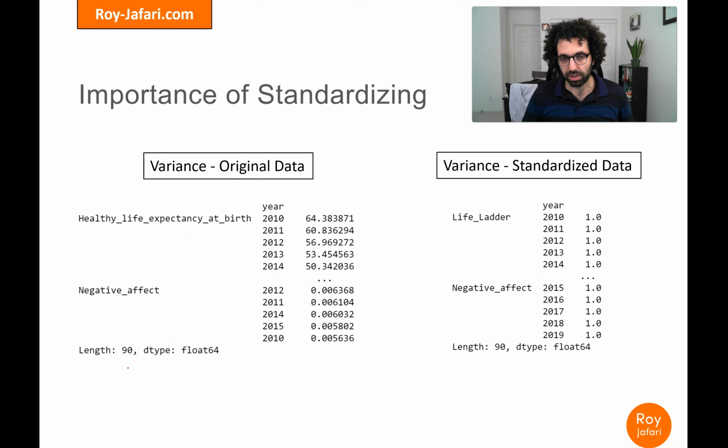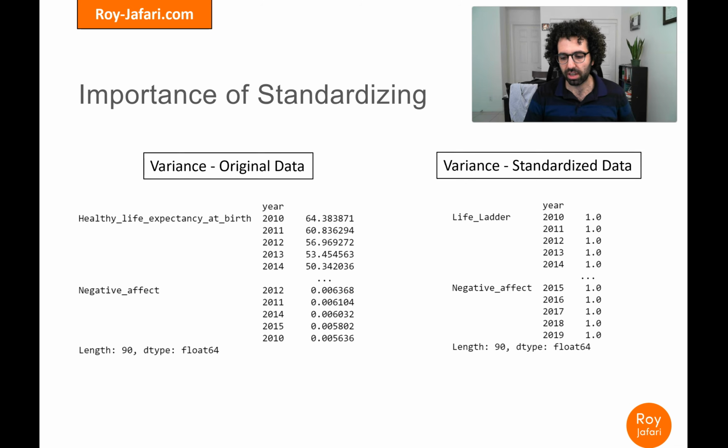Before finishing this video, let me talk about the importance of standardization. If you look at the original data with 90 attributes, the attributes such as healthy life expectancy had such larger variance and variation than other attributes. You can see that these would basically become what the PC1 and PC2 would show if you didn't take care of the standardization of your data.